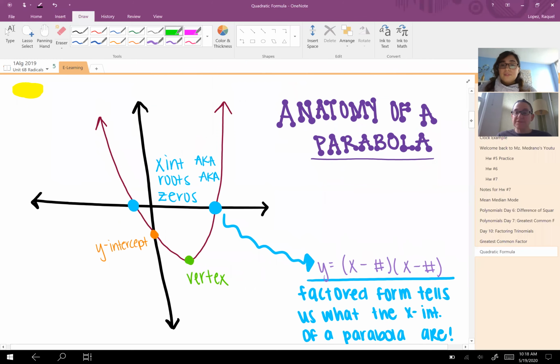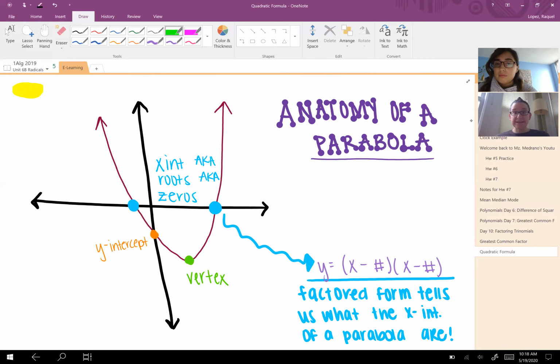Since we know that we're dealing with quadratics, or degree 2 functions, and that the shape is going to be a parabola, it's good to know some of the parts of the parabola and what we can call them. On the screen you should see a stereotypical parabola in that smile shape, with some key points highlighted.